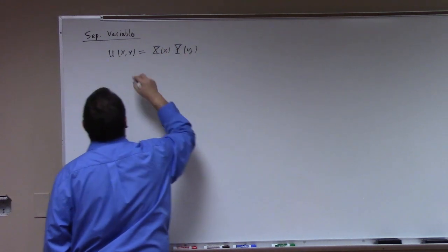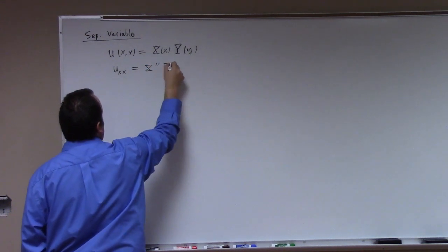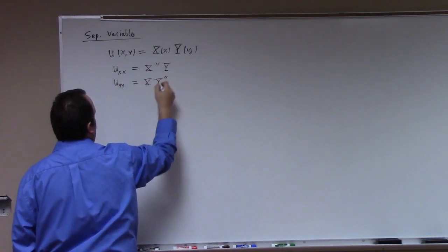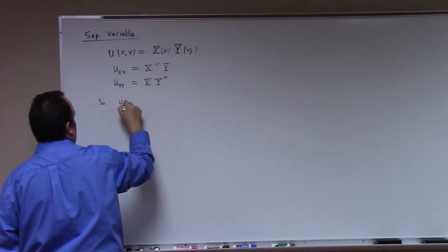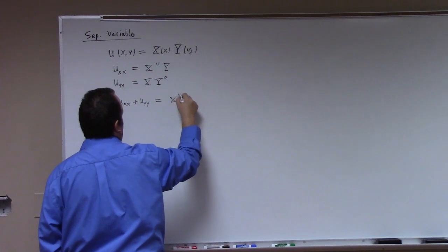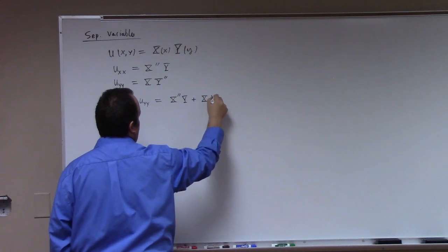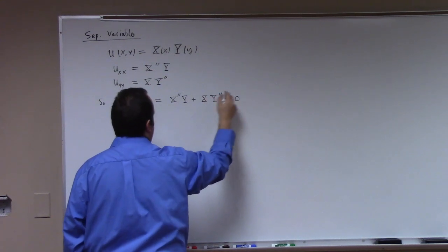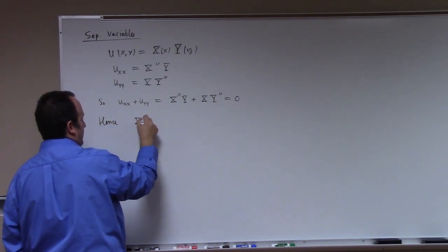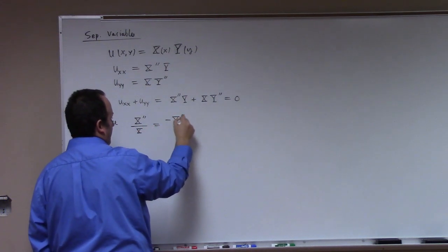Then with this notation, u_xx is X double prime times Y, and u_yy is X times Y double prime. So u_xx plus u_yy equals X double prime Y plus X Y double prime, and that's all equal to 0. Hence X double prime divided by X is equal to minus Y double prime divided by Y.